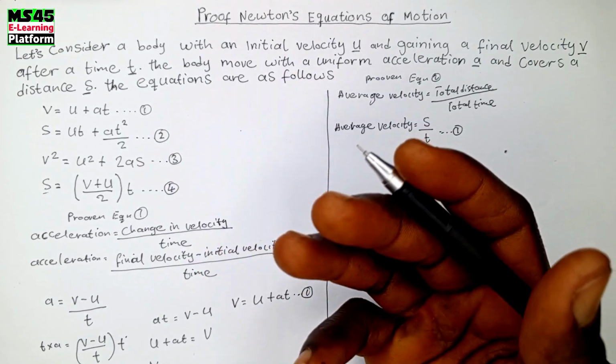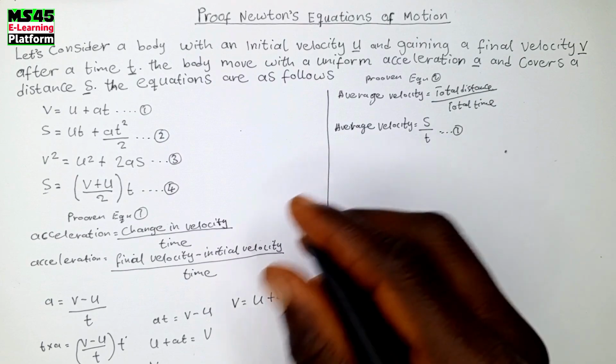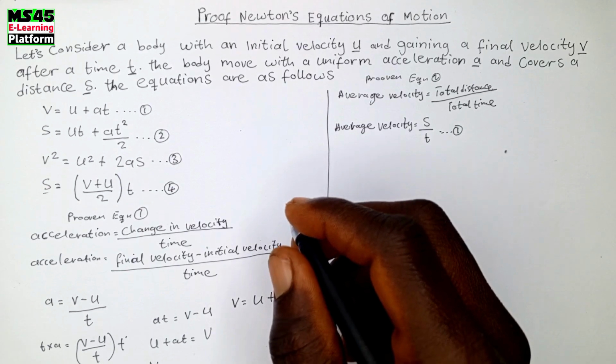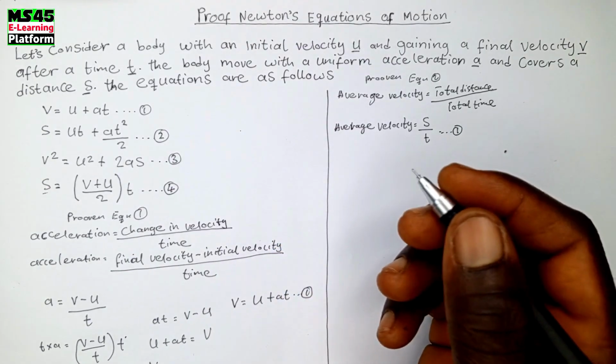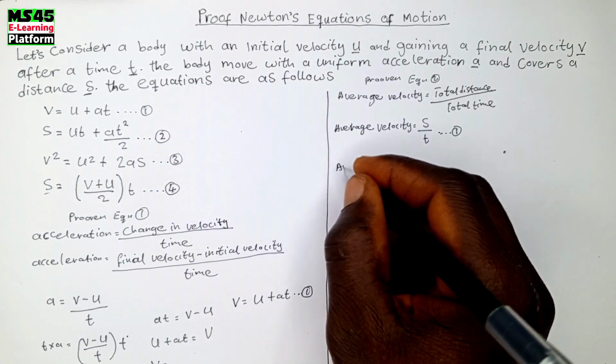In most cases too, when the final velocity and the initial velocity are given, you can find their average. So mathematically, average velocity will be equal to final velocity plus initial velocity divided by 2.